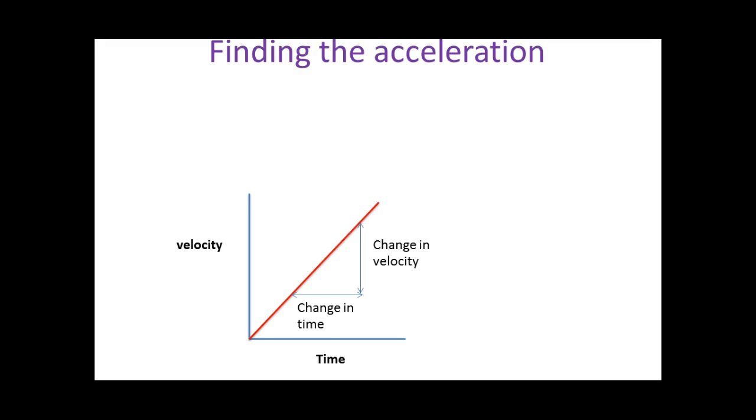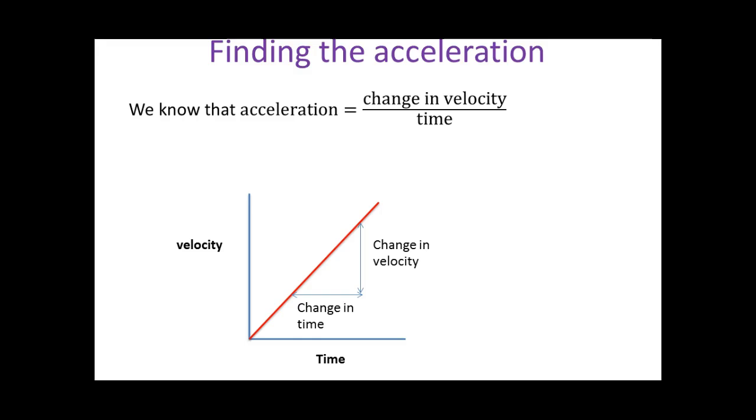Well, just as we use the distance time graph to find the speed, we can use the velocity time graph to find the acceleration. And in a similar way, we know that the acceleration is the change in velocity divided by the time taken.